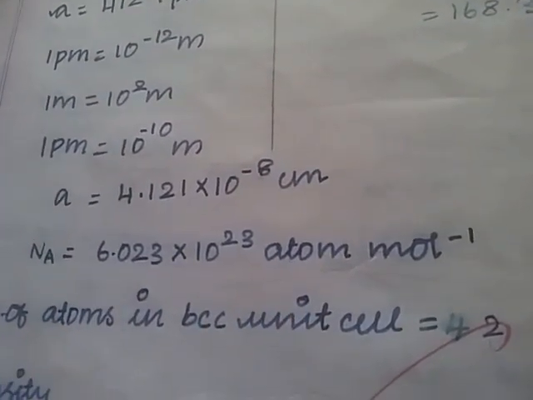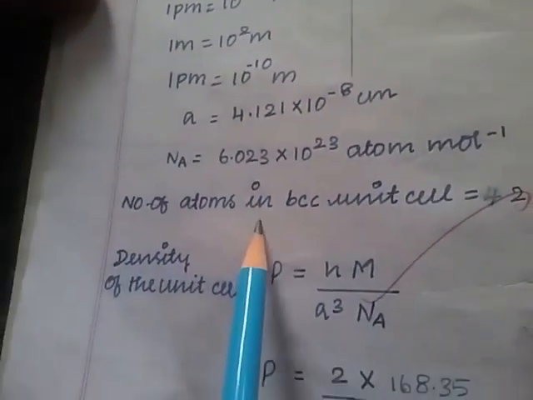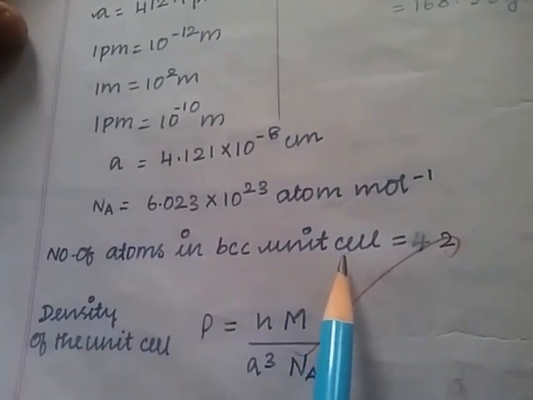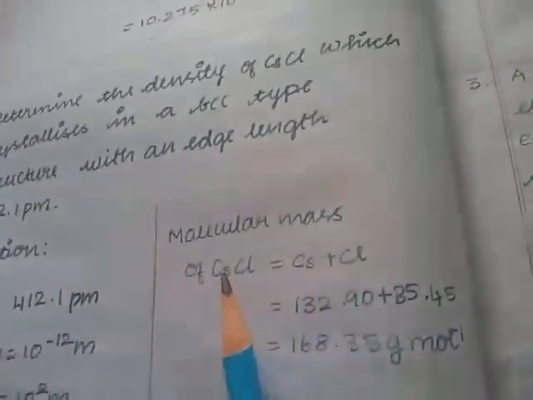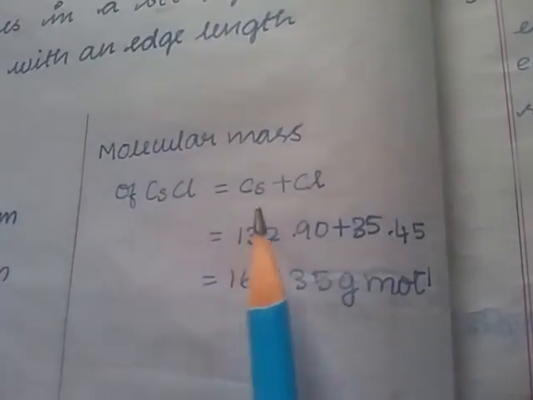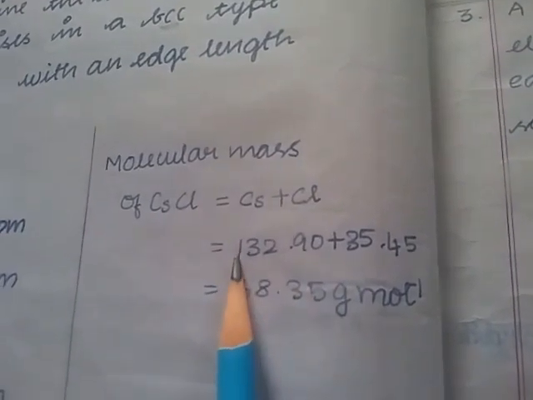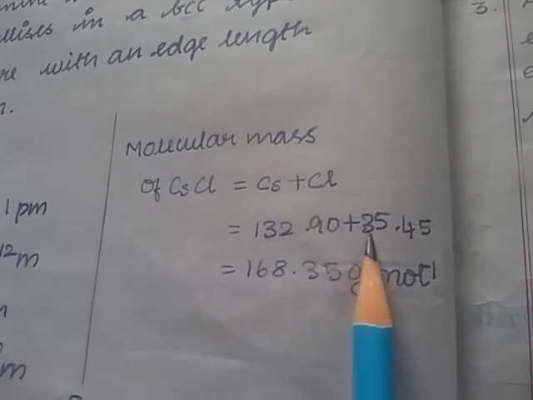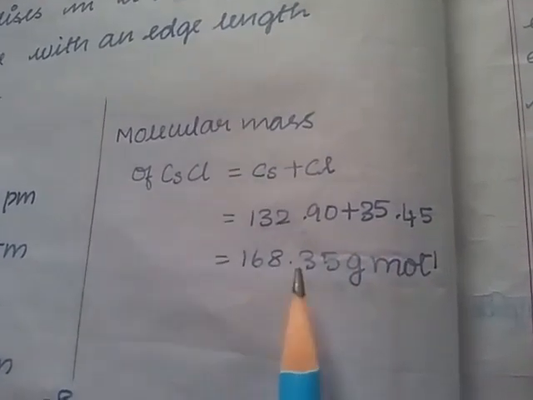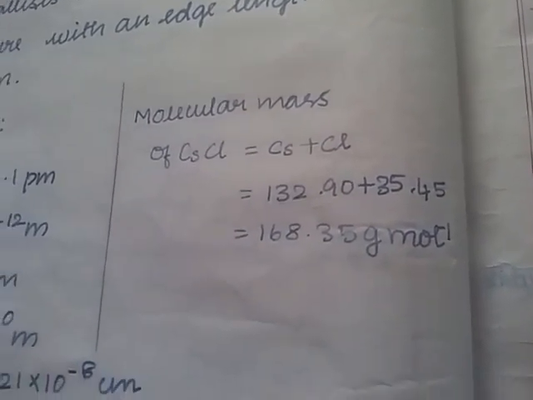Since it belongs to a BCC type, the total number of atoms present in a body-centered unit cell is 2. Here the molecular mass of cesium chloride is Cs plus Cl: Cs is 132.90 and Cl is 35.45, which equals 168.35 gram mole inverse.